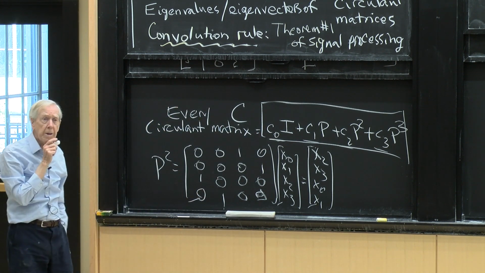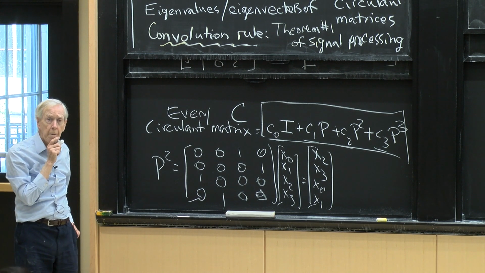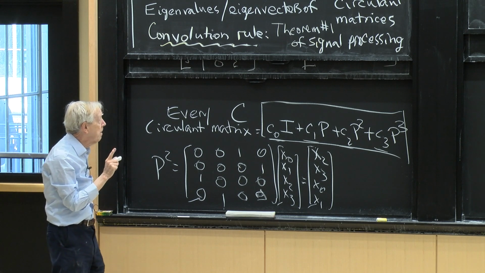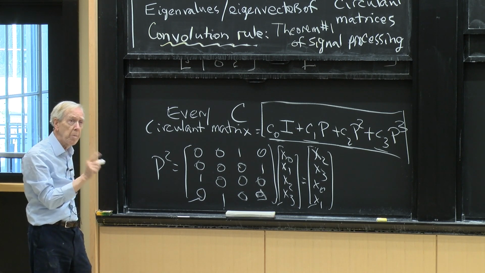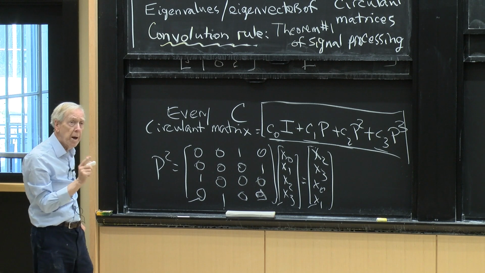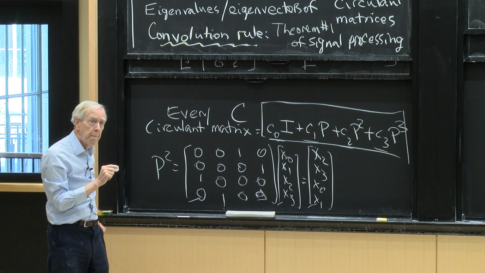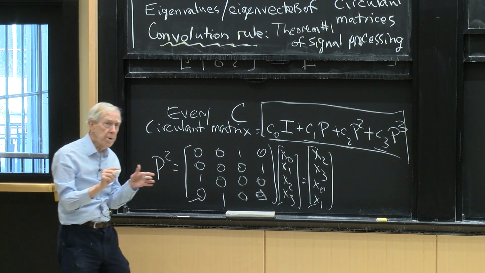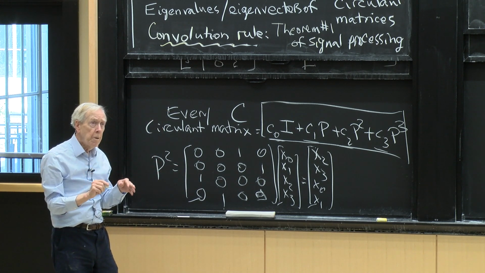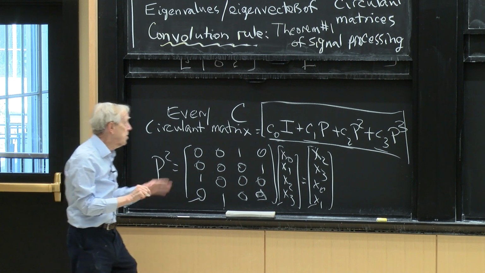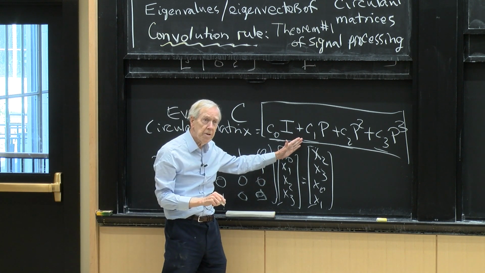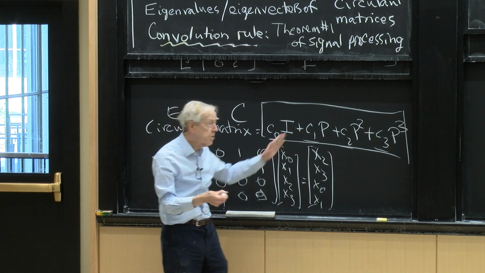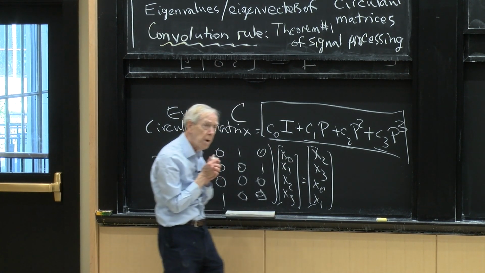So what about the eigenvectors? Well, that is an eigenvector. That's true. The vector of all ones will be an eigenvector. With what eigenvalue, actually? Yeah. So what I want you to see is the eigenvectors of C are the same as the eigenvectors of P. If I have an eigenvector of P, that's also an eigenvector of P squared and P cubed and a combination.